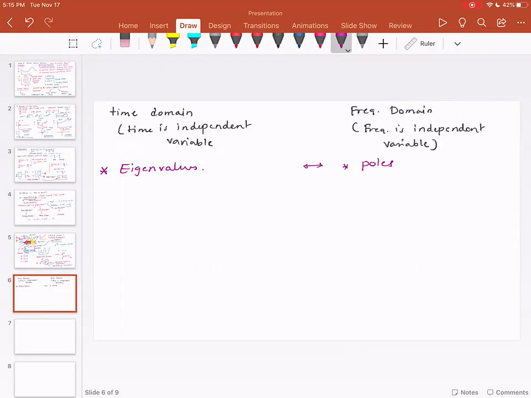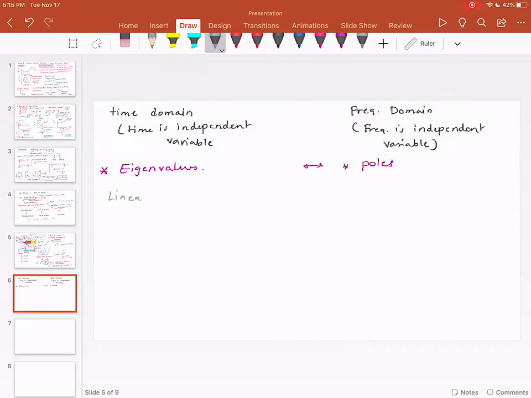So basically, whether you use the time domain or the frequency domain, at the end of the day, you are trying to change the location of eigenvalues or the location of poles. And this is so important that I need to state this again.